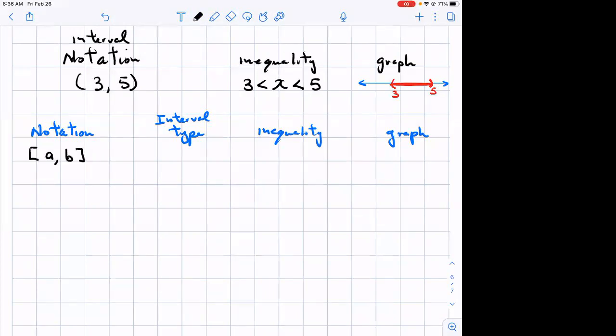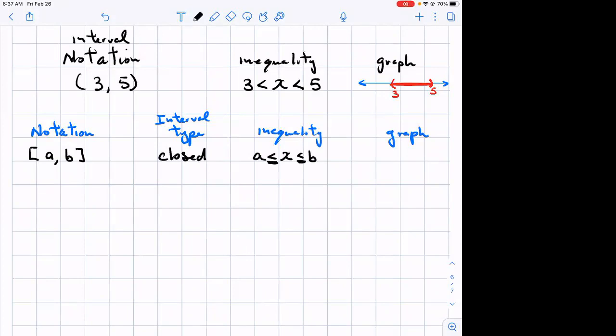This is called a closed interval. And the inequality, we said x less than or equal to b, greater than or equal to a. Because it contains that equal there, it's closed.